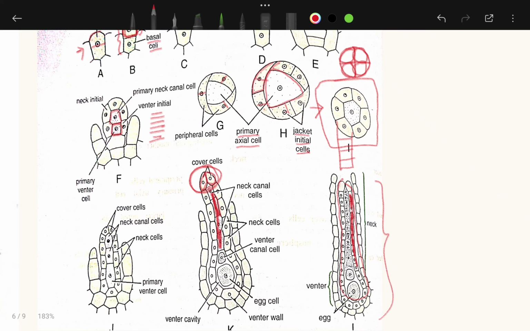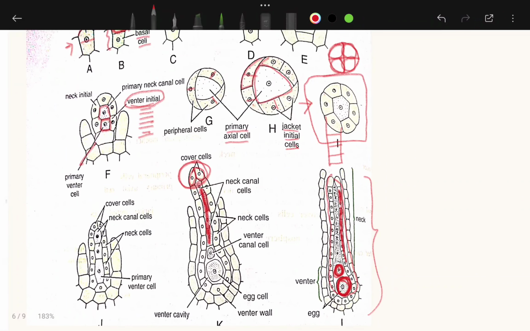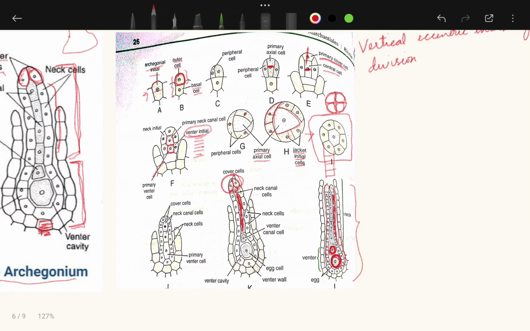These neck canal cells will be formed through these initial cells. And this primary ventral cell will undergo a division, and this will give rise to the egg that you can see here, and the ventral canal cell.